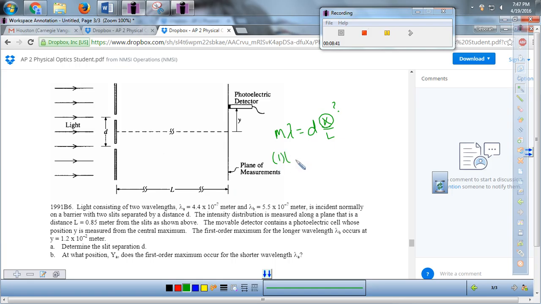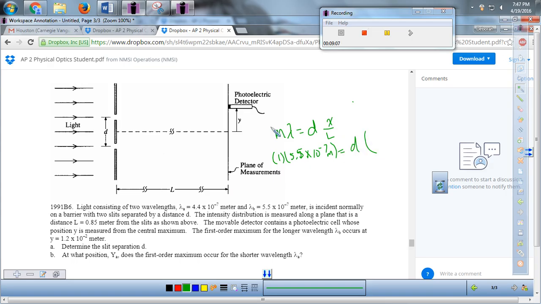My wavelength for the longest one is what I'm going to deal with now, lambda b, which was given to us as 5.5 times 10 to the minus 7th meters. And you know what I messed up? We're not looking for x. They give us that. I lied to you. We're looking for d, the slit separation d.